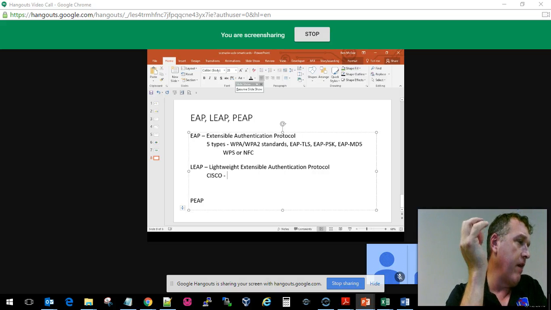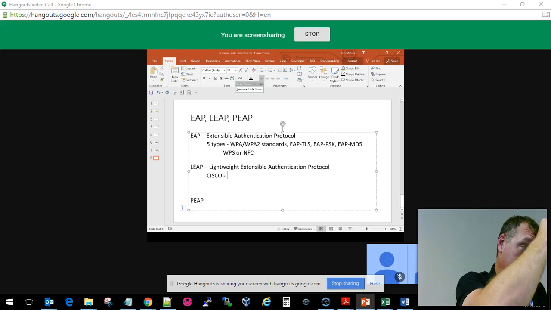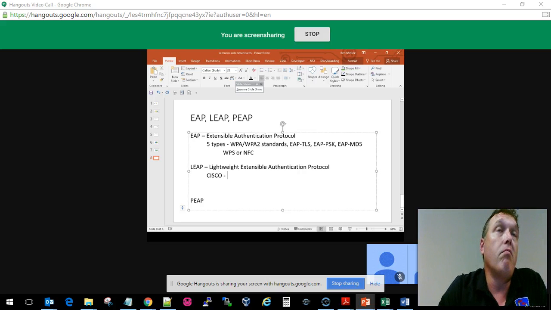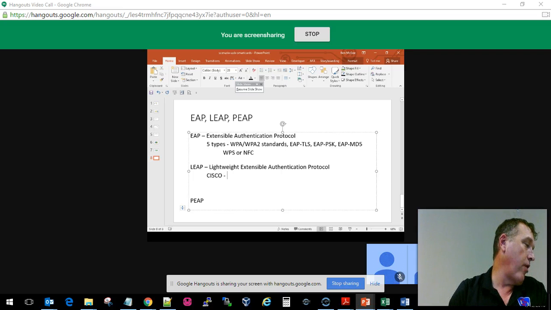Off the top of my head, and I'd have to do a little bit more reading on this, but you can go look at Cisco's website to find out more information, it sends across less information, like the authentication header as opposed to the entire packet, to do authentication. So look that up and let me know what you find. All right, so that's Cisco proprietary.